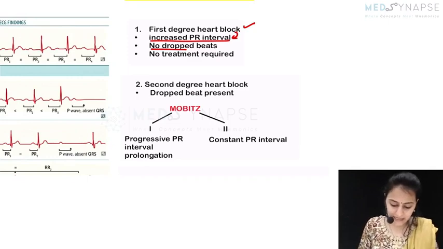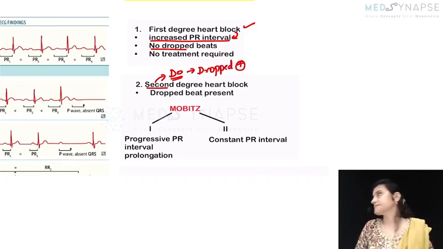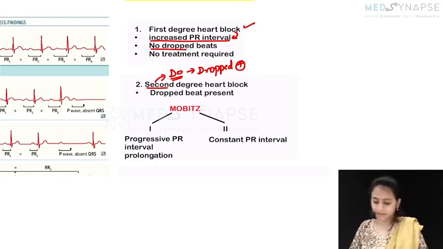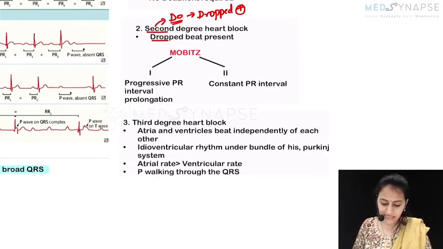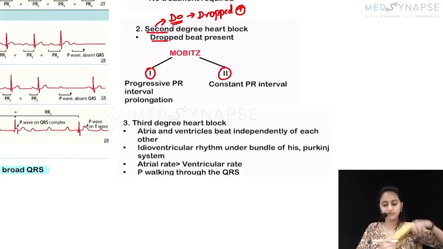While a second degree heart block is identified by second, meaning two, and it has a dropped beat present. In second degree heart block, you will see a dropped beat present. So in second degree, you have Mobitz type 1, Mobitz type 2. Mobitz type 1 is the Wenckebach's phenomenon.